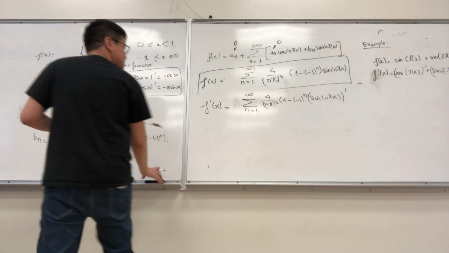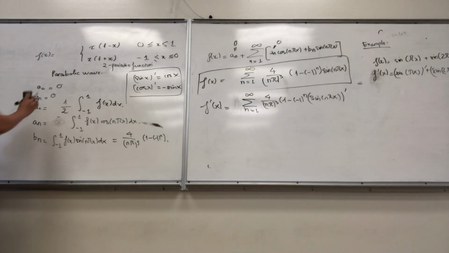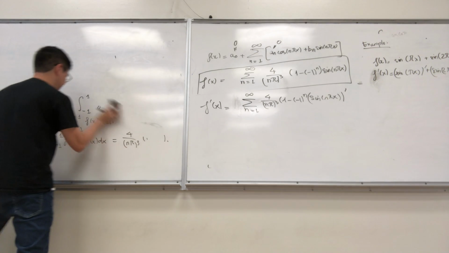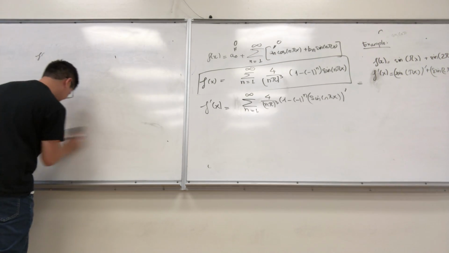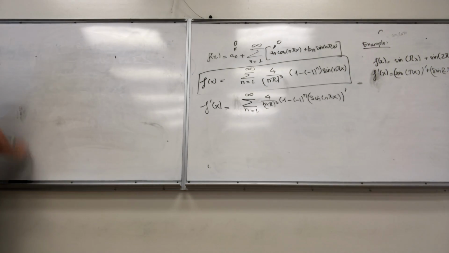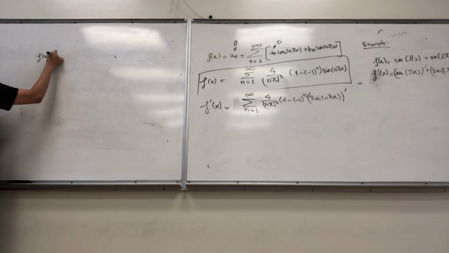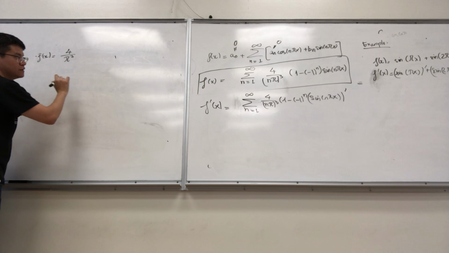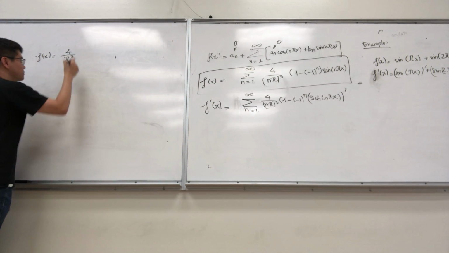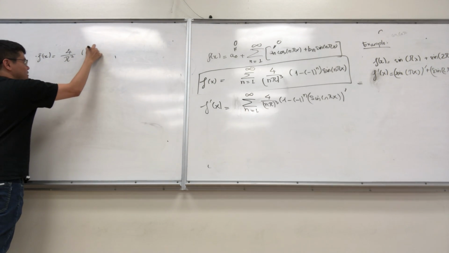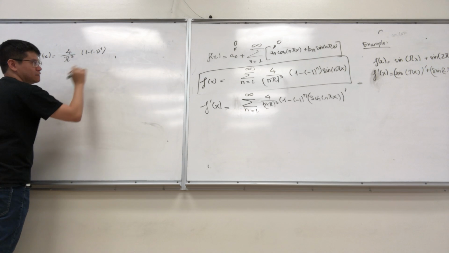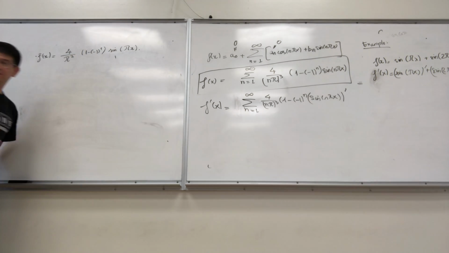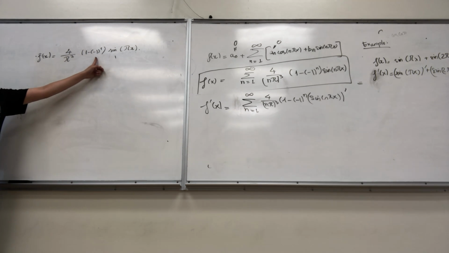So let me explain it in a clear way. I'm going to write this in the form that we are more familiar with. I have f of x is going to be the series where n is going from 1 to infinity of 4 over n pi to the power 3, 1 minus (-1) to the n, sinus n pi x. When n is 1, this is going to be 4 over pi to the power 3, 1 minus (-1) to the power 1, sinus of pi x. Right? This is n equal to 1.